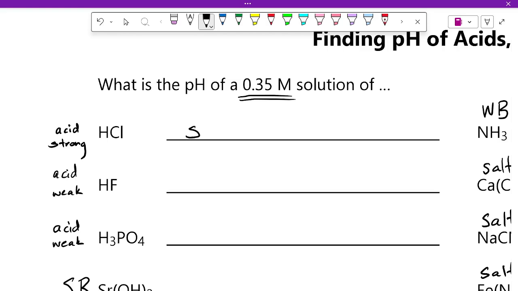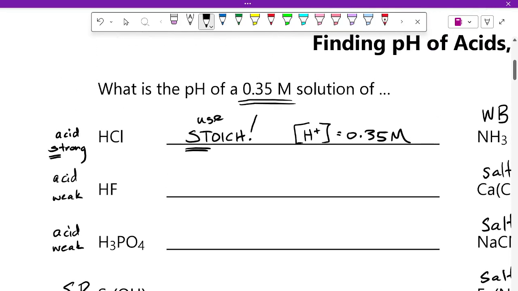We would use stoichiometry because it's strong. Strong, use stoichiometry, right? The concentration of H+ is just equal to 0.35 molar. We don't even really have to do anything for that, right? I can show that work on one little line here.